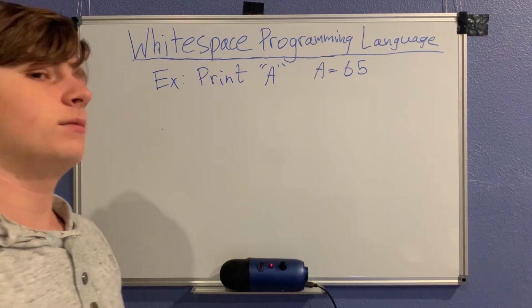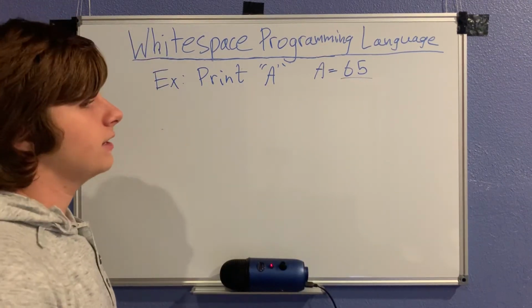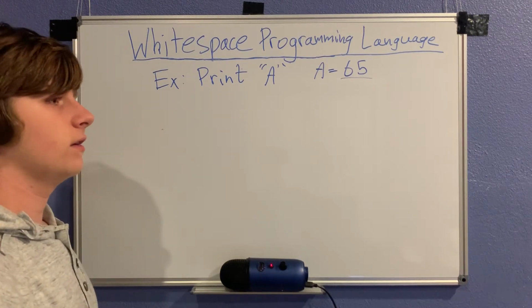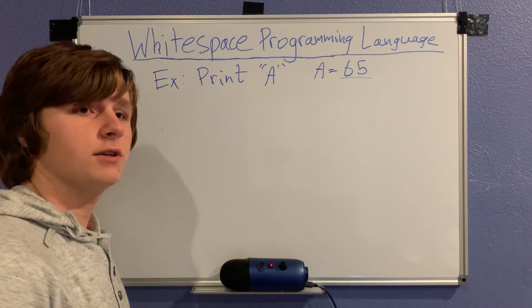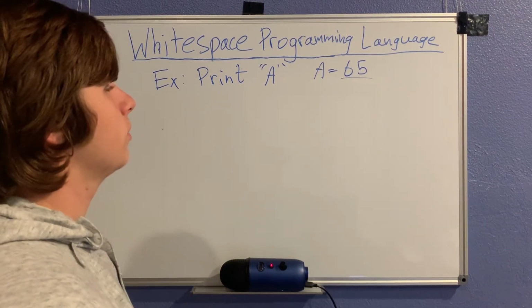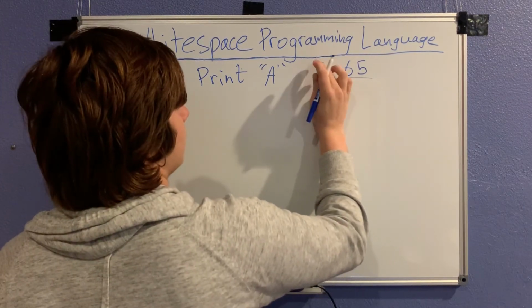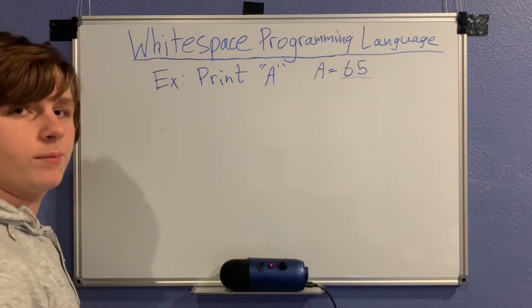But we don't have decimal numbers, so we have to represent this in binary. The way we do that is we just use the method that I just showed. So tabs are 1s, spaces are 0s, and line feeds end the binary number. This is a super easy binary number to represent because it's just 64 plus 1.